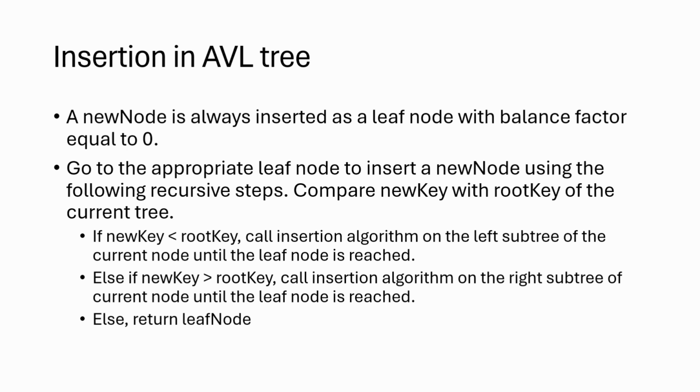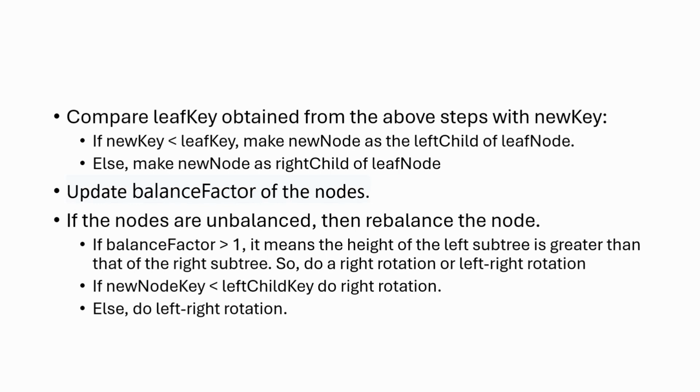Otherwise, you just return the leaf node. Compare the leaf key obtained from the above steps. If the new key is less than the leaf key, make the new node the left child of the leaf node. Otherwise, the new node is the right child.